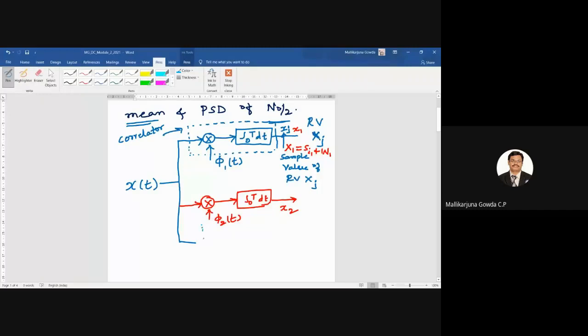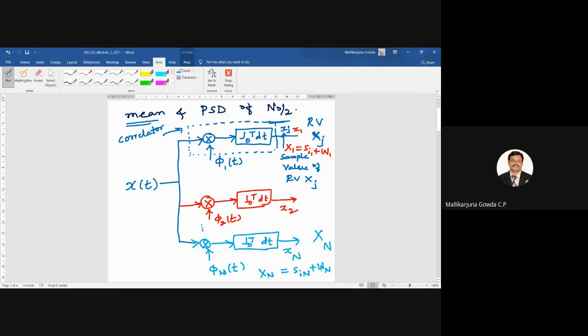Like that, you can write up to n correlators. I can put a dotted line here. You can have n correlators, with phi n of t, where j varies from 1 to n, followed by the integrator from 0 to T, dt. The output is small xn, and in terms of the random variable, capital Xn will be equal to sin plus small wn.